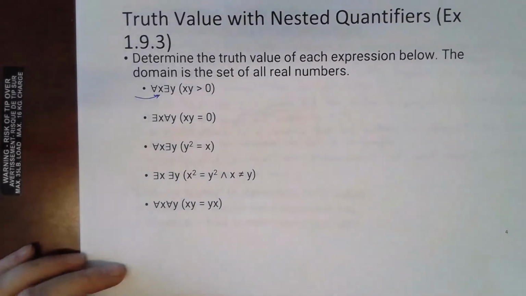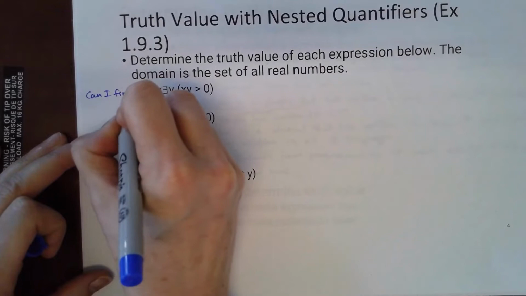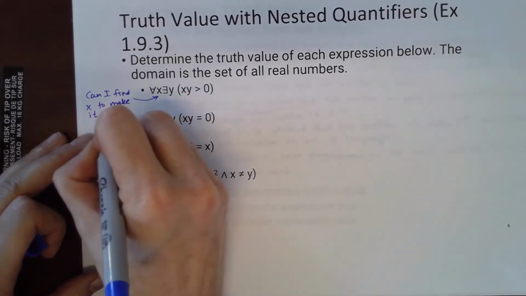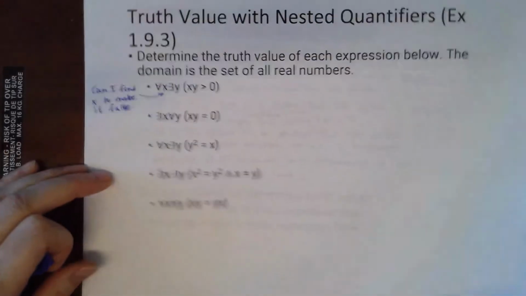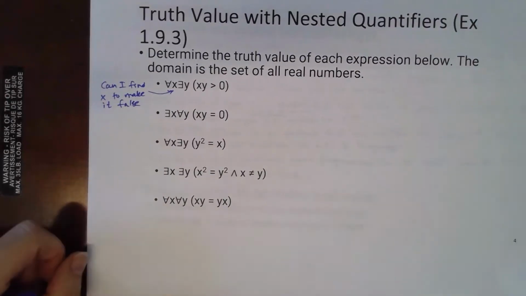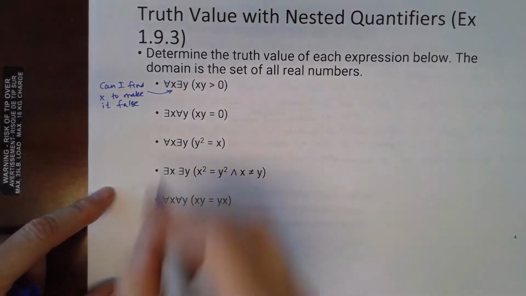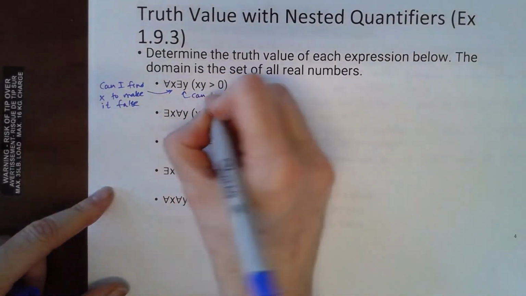So what we want to be thinking about for x is, can I find the x to make it false? Remember, that's what the universal is trying to do. Whereas the y is bound by an existential. So for y, we're asking, can I find a y to make it true?